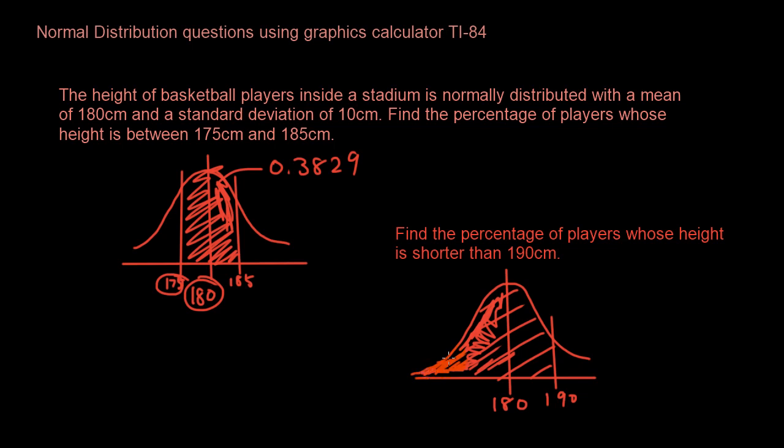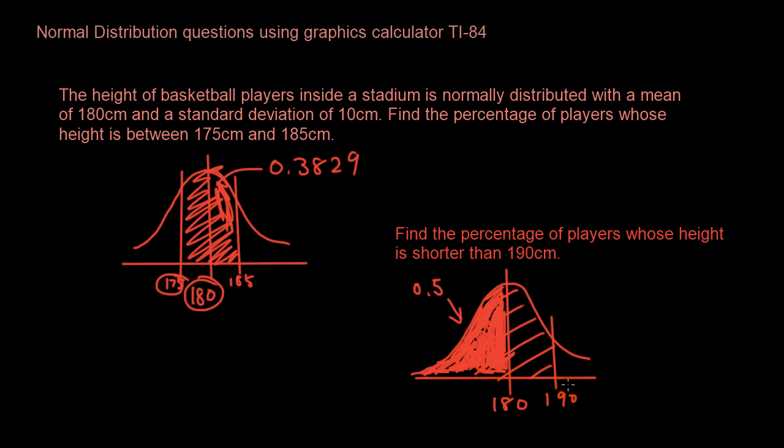So what we do is understand that 50% of the area is to the left of the mean. So this highlighted bit is going to be 0.5, and that is the probability of getting a number below the middle number, below 180.